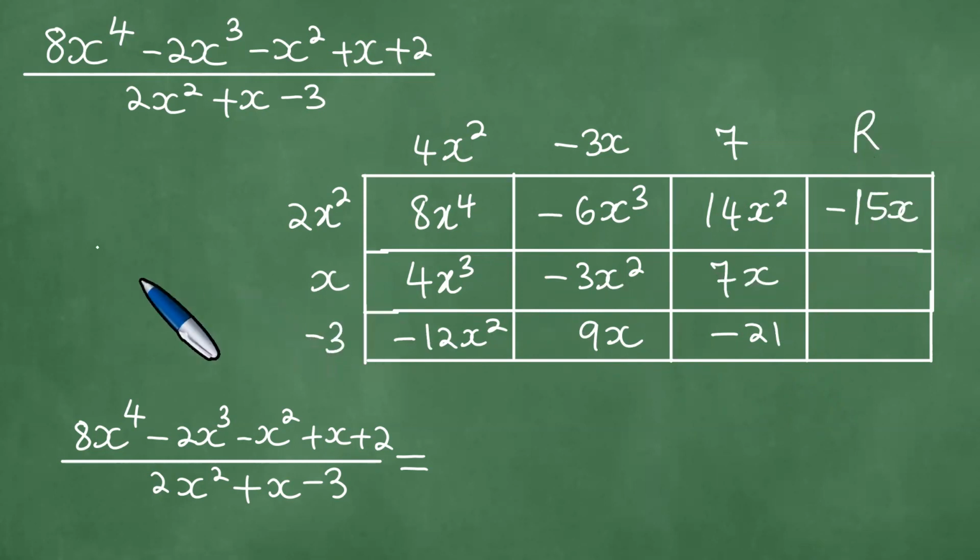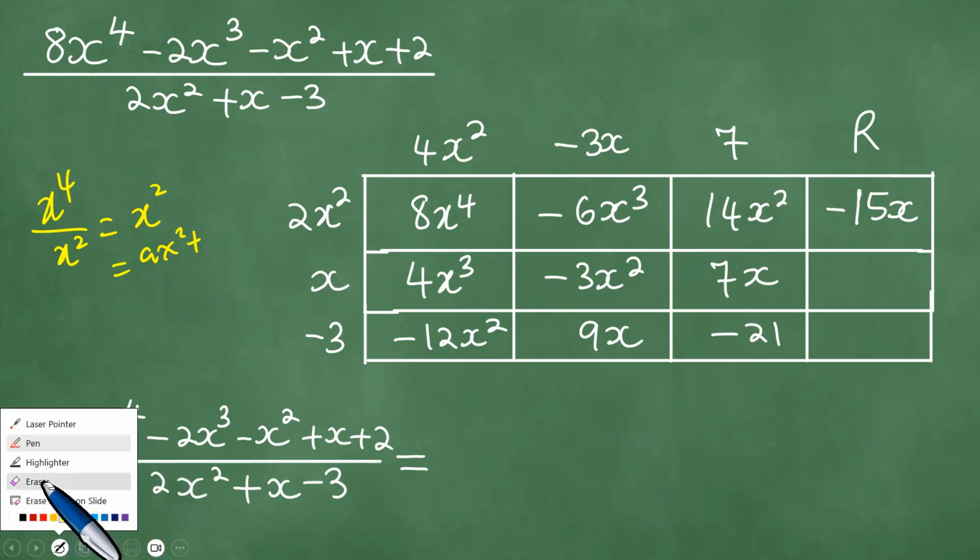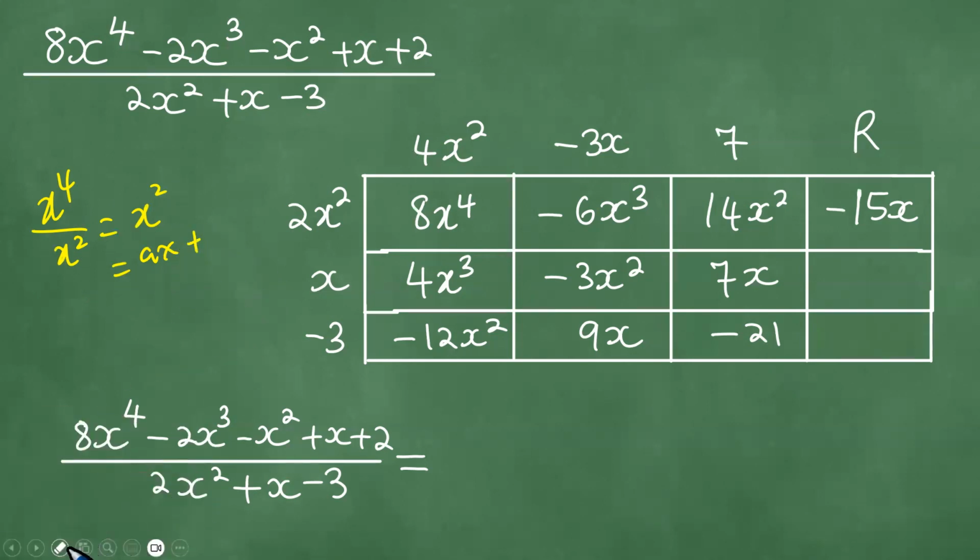Why is it the remainder box? Because if we are dividing x to the fourth power by x squared, we're getting x squared, and therefore the quotient is quadratic. The quadratic expression is exactly ax squared plus bx plus c.